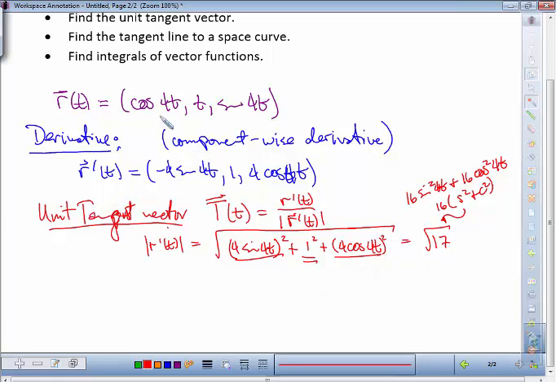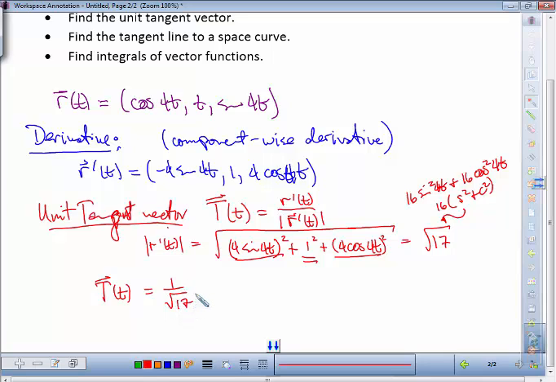But to finish this, we really need to put this as a denominator of our actual r prime. So your T of t, the unit tangent vector, is going to be given by, well, we can just write this as a factor, a constant multiplied times a vector.